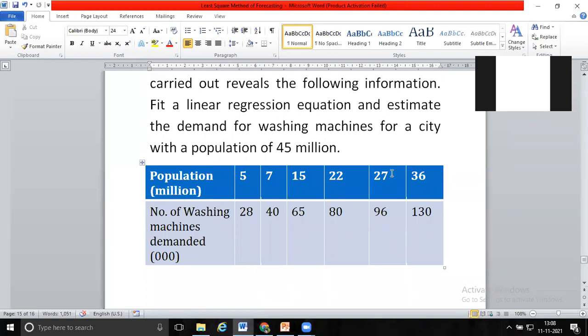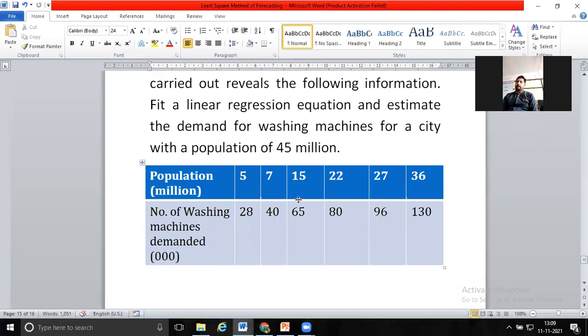If the population is 27 million, then the demand is 96,000. And if the population is 36 million, then the number of washing machines demanded is 130,000. Okay, so this data is provided.